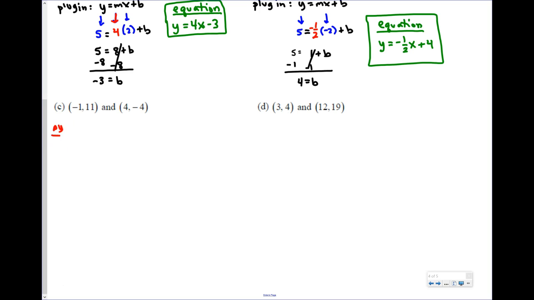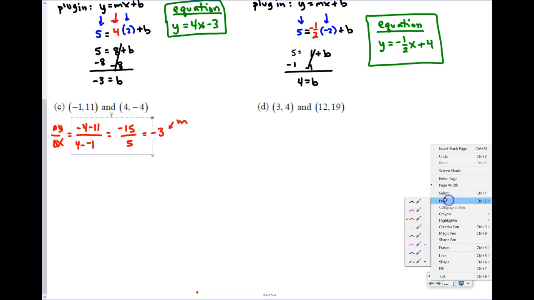All right, letter C. Always first thing, find your slope. So subtract your y's first, -4 minus 11 over 4 minus -1. This becomes -15 over 4 minus -1 will give me 5. So I end up with a slope of -3. Now I get to do my plug-in.